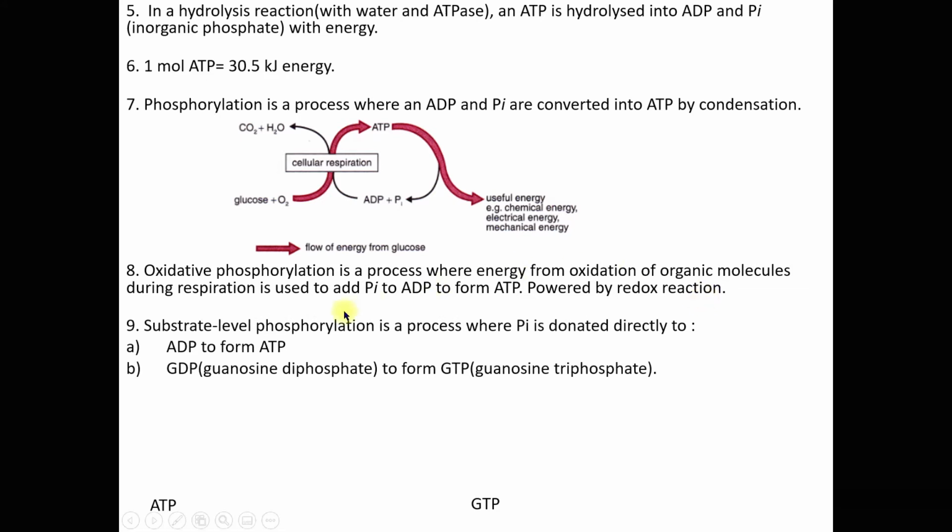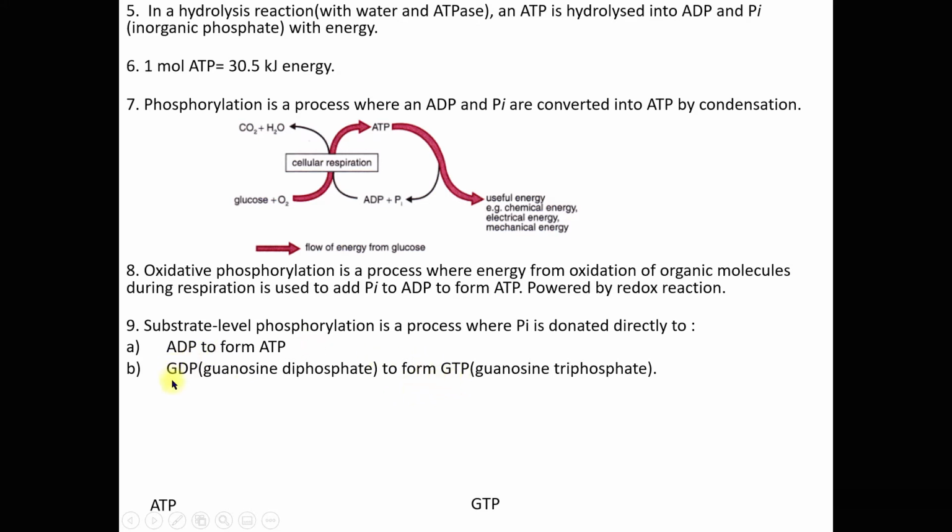Substrate level phosphorylation is a process where inorganic phosphate is donated directly to the ADP to form ATP, or the inorganic phosphate is directly donated to the GDP, and this will form the GTP.